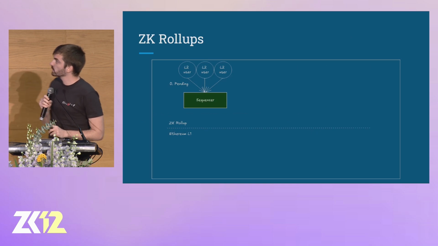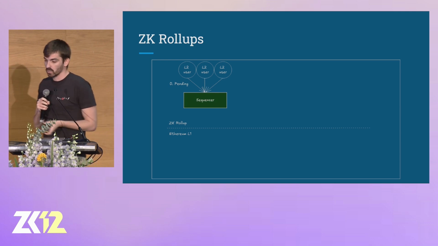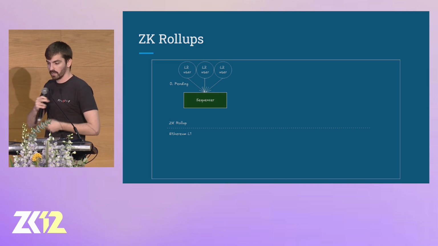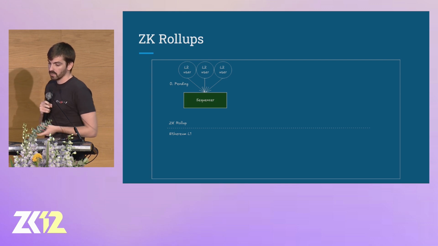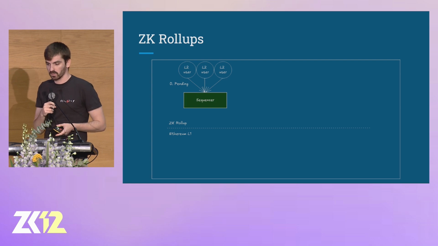So now I will give a more thorough overview of how exactly a ZK-Rollup works. So we have L2 users that interact with our L2 blockchain, the ZK-Rollup in that case, and they submit transactions to the sequencer. At that point, their transactions are pending.